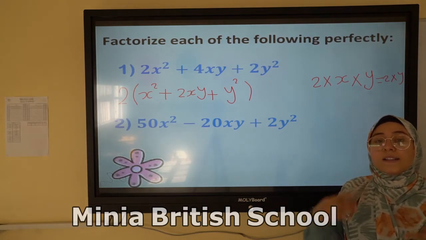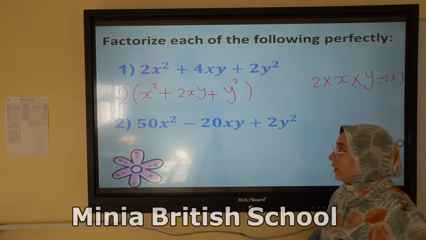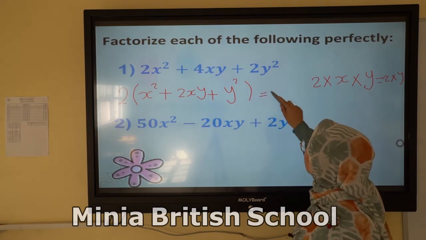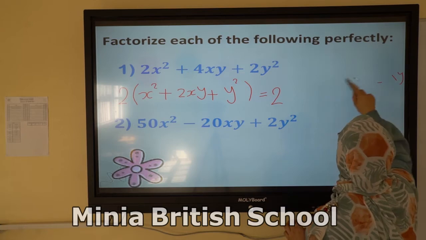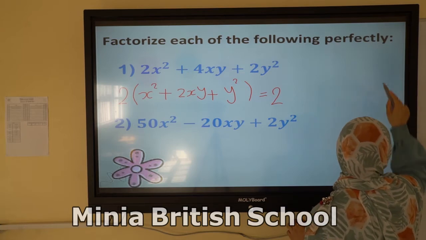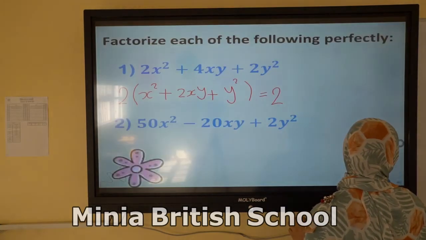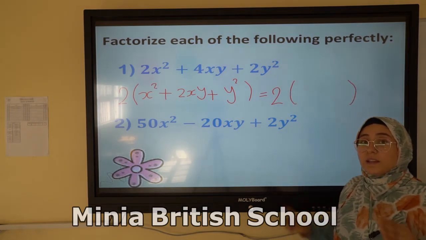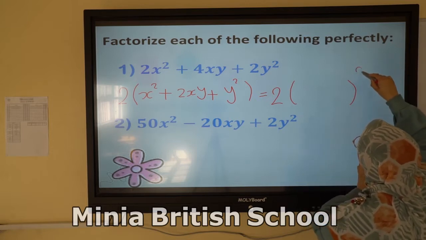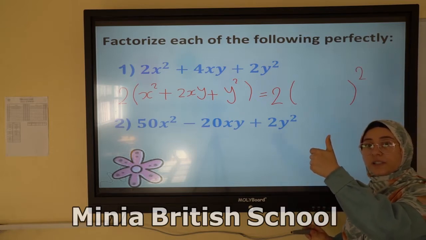To factorize the perfect square, write the 2 as the same, then open an arc, okay. This arc raised to power 2. This is the first step.